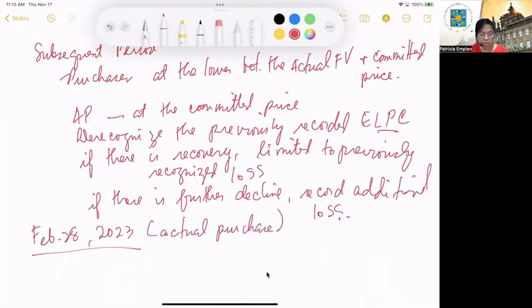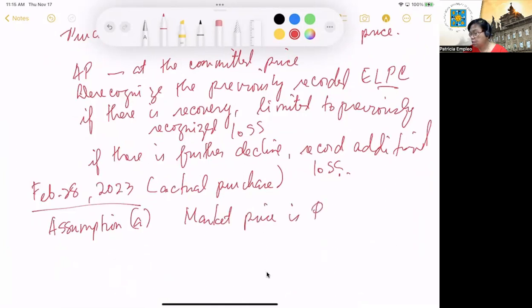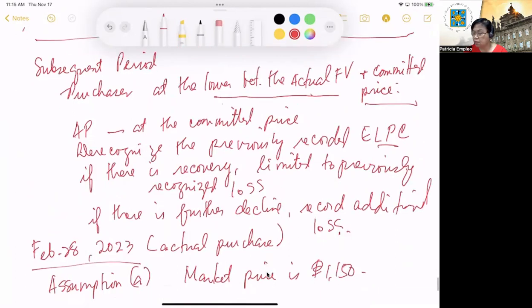When the market price on February 28, 2023 of each sack of rice is, letter A, so assumption A, market price is 1,150. What did we say? Our purchases must be recorded at the lower between the actual fair value and the committed price. And the committed price is 1,200. The actual fair value is 1,150.